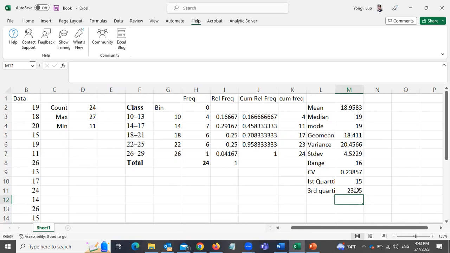Now you can do your page 2, and then you finish and you submit.